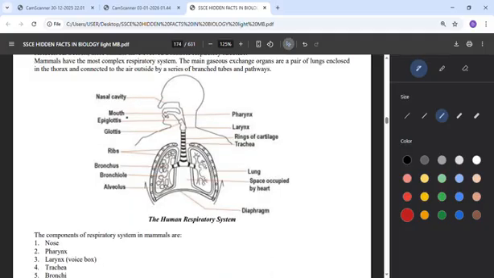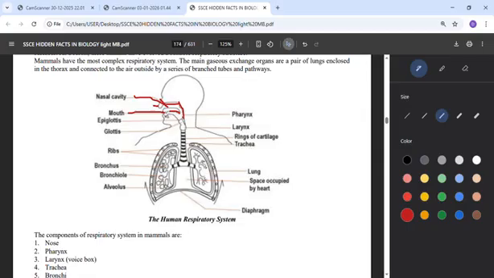Okay, this is the structure of the respiratory system. This is the nose. Outside is the nose, but the passage is called the nasal cavity, where air will pass. Then this is also the mouth. Both the mouth and the nasal cavity work together, so as air is entering the nasal cavity, air can also enter the mouth.